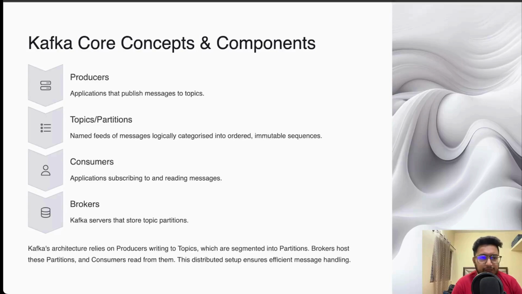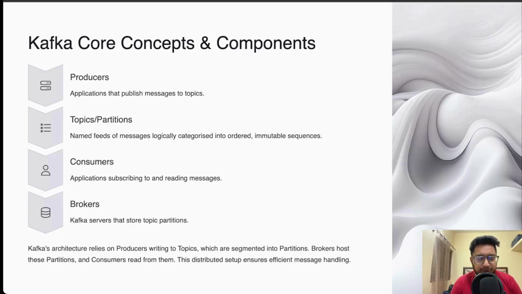But in topics we also have partitions, and these messages go into those partitions. Suppose in a particular topic you have 4 partitions, and the messages are recognized by offsets. Suppose in 4 partitions you have 10 messages: in partition 1 you have 3 messages, in partition 2 you have 3 messages, in partition 3 you have 3 messages, and in partition 4 you have 1 message.